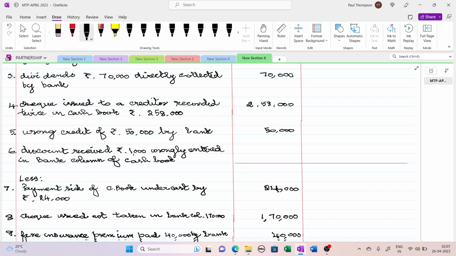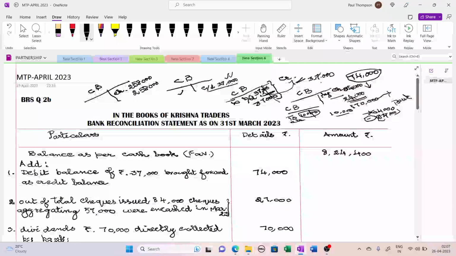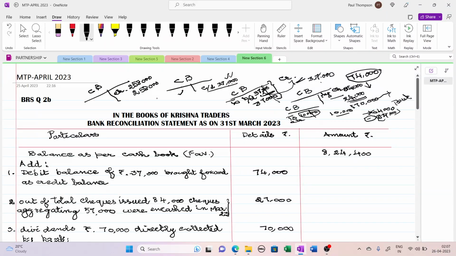Then the 11th entry is bank credited a check of 4,000 in savings bank account of proprietor. See here, we have given a check. Let me take the cash book here. We have deposited a check for rupees 4,000 into our current account.